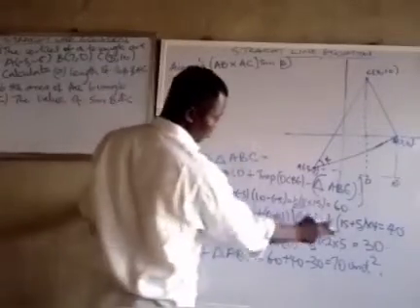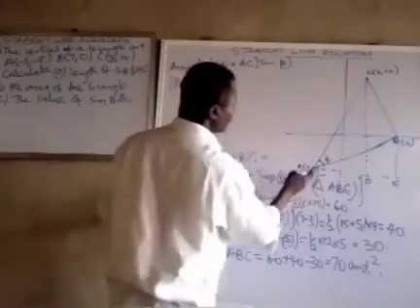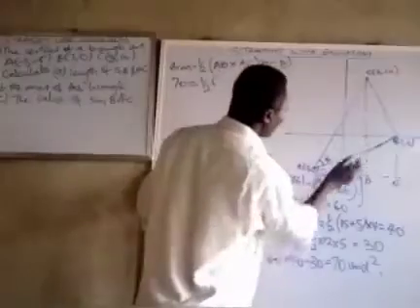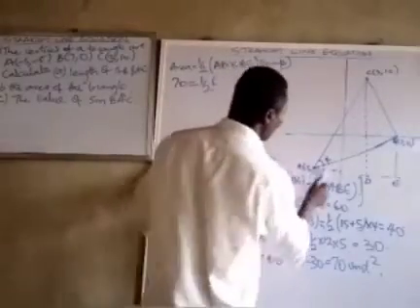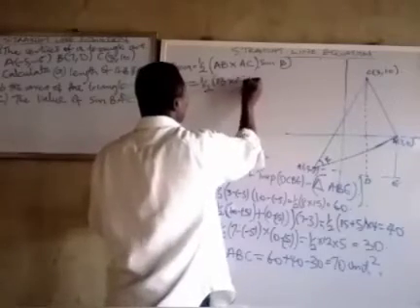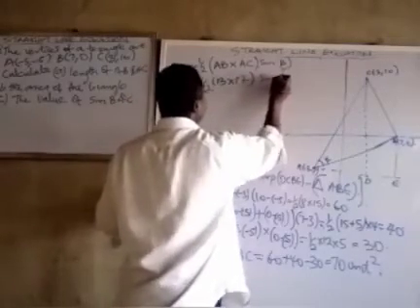We've got the length of AB and AC before. What's AB? We calculated AB to be 13 and AC 17 sine beta.